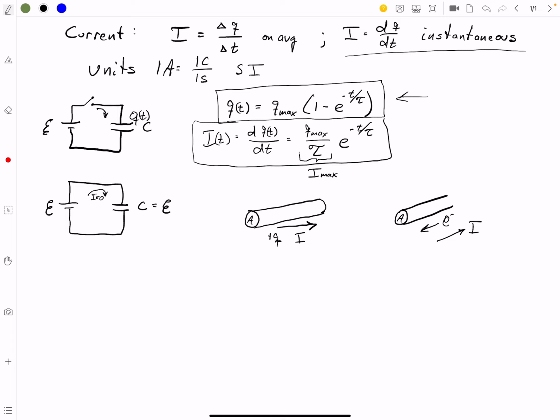So what do we call the things that are flowing? We call them holes. So it's the absence of the electrons. So those holes are bouncing around the other way.